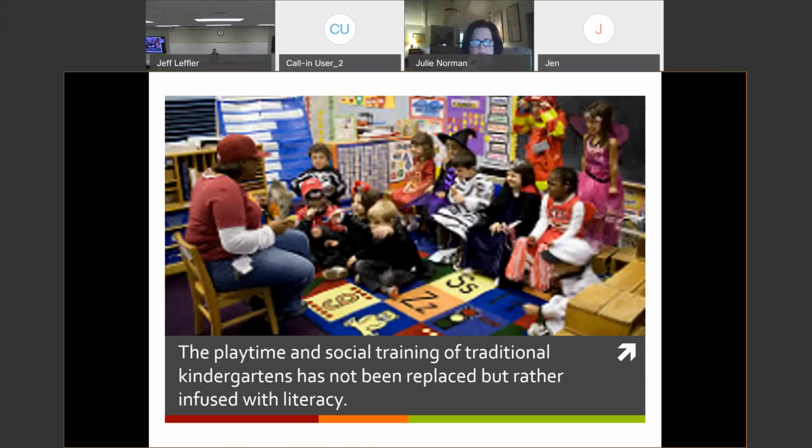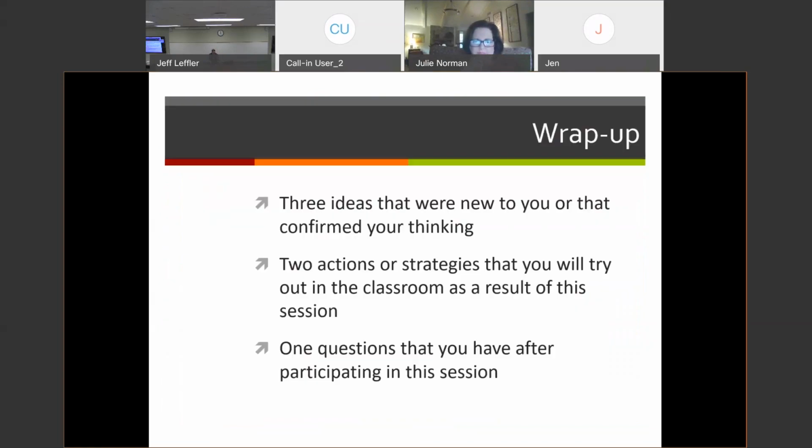And so what we're seeing now in our early childhood programs, going back to that pendulum swing, is the playtime and social training of traditional kindergartens is not needing to be replaced with this drill and practice literacy, but infused with literacy. It's play and intentional literacy instruction, giving children the opportunity to engage in these literacy behaviors.